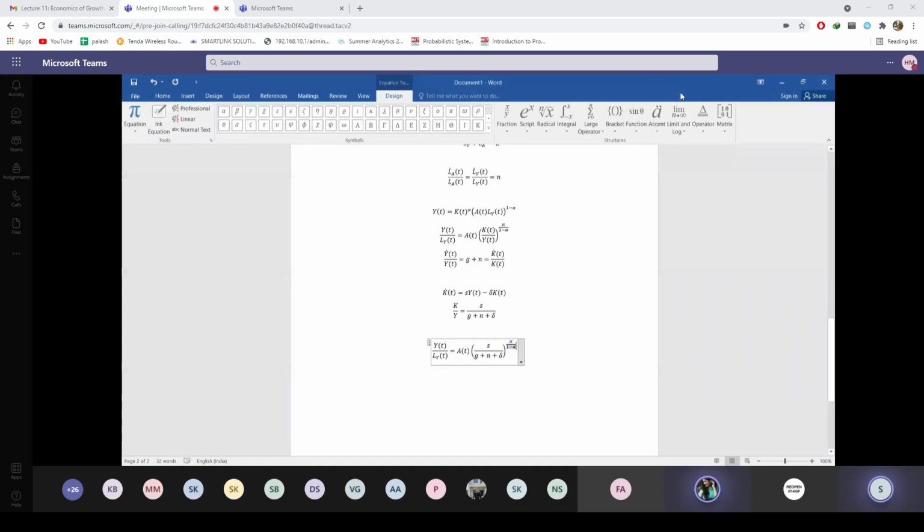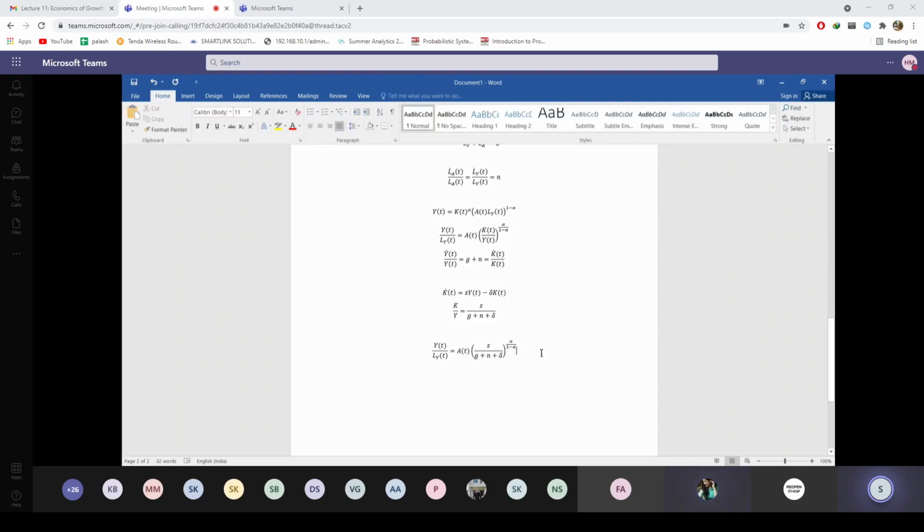Okay, very good. Only one small step remains. This particular variable on the left hand side does not have any interpretation. So what is our concern variable is basically per capita output. So I will multiply and divide this left hand side equation by L_T. So this is exactly what I'm going to do.